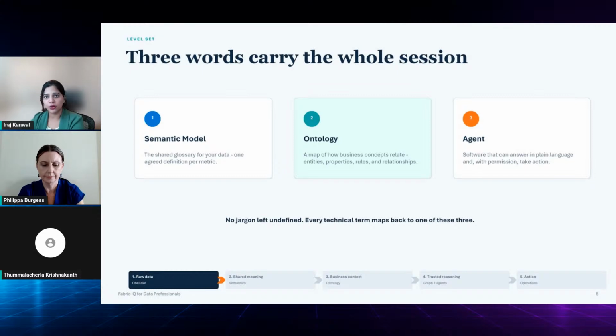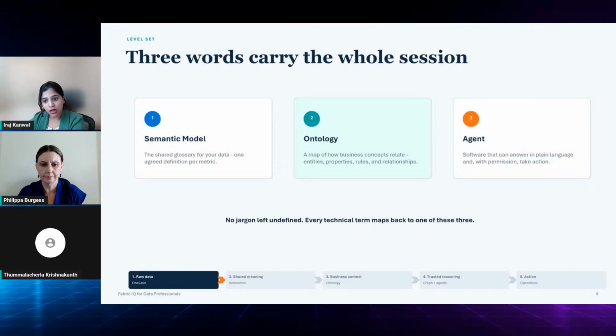In practical terms, it answers questions like, what does revenue mean? What does active customer mean? What filters apply, and who should be allowed to see that? So in Power BI, semantic models do not just play a role for reporting, they also give you those policies and guardrails.